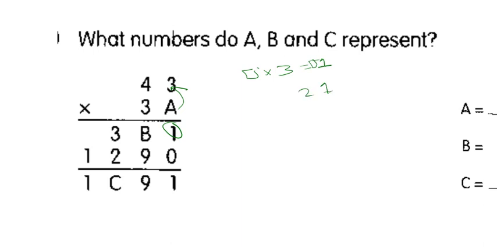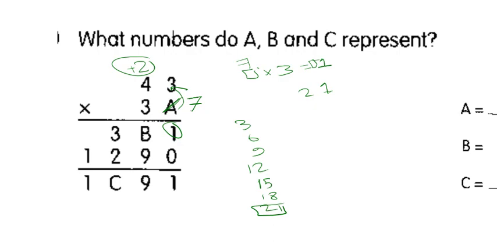If you check the 3 times table, you will find 3, 6, 9, 12, 15, 18, 21. So maybe this one is not 1, it's 21. So I can write 1 and carry up 2. So how about the number A, or the number instead of the letter A? Letter A may be 7, because 7 times 3 gives me 21. So I can say that A is 7.